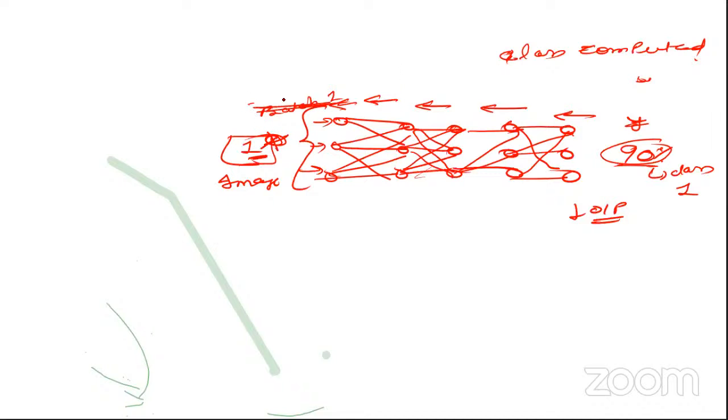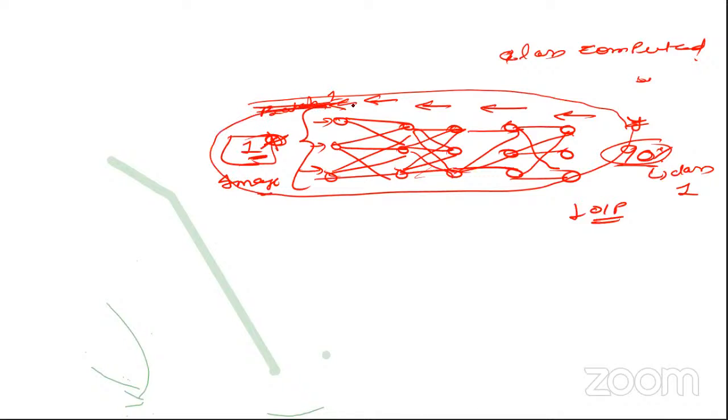So you pass the sample through the network, compute the loss, and update the weight and bias. This is one epoch. Because this model will run for 2 epochs, you again compute the loss with the updated weight and bias. Definitely there is a change in the loss, and as per the loss, you again update the weight and bias.